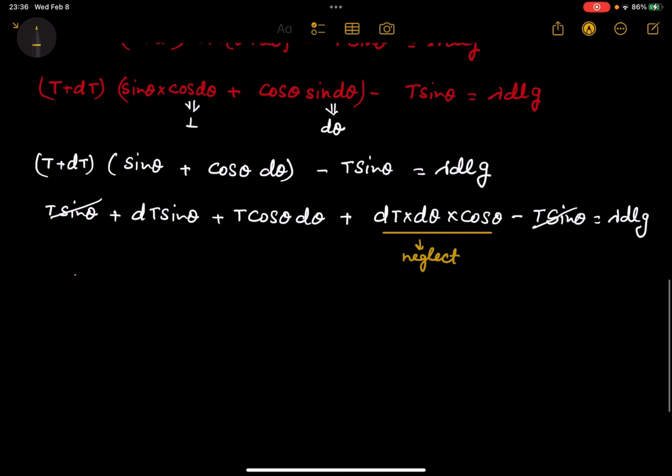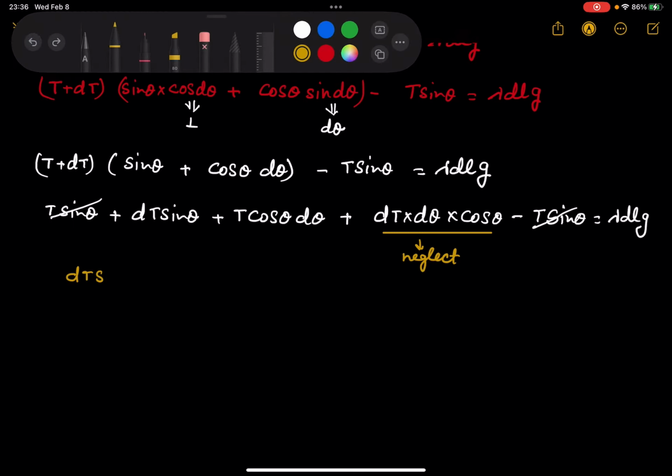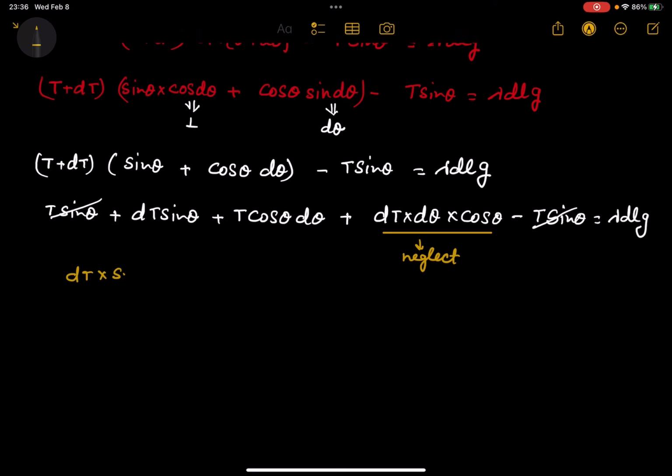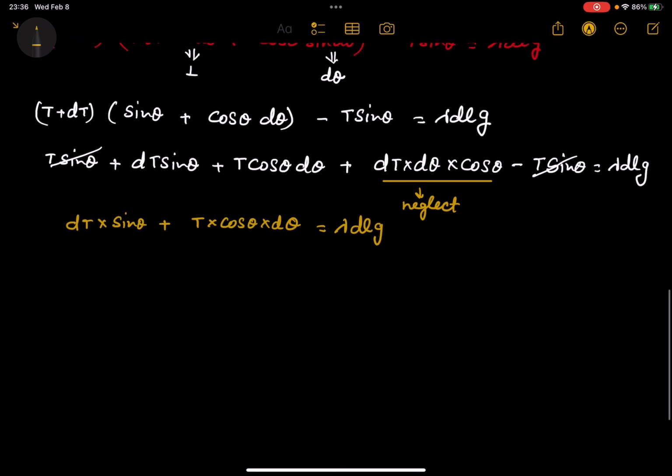Then you can write dT sin theta plus T cos theta d theta is equal to lambda dl g. This is the first function and second function, so it is d times the differentiation of T sin theta is equal to lambda dl g. Can I say like this for our convenience?